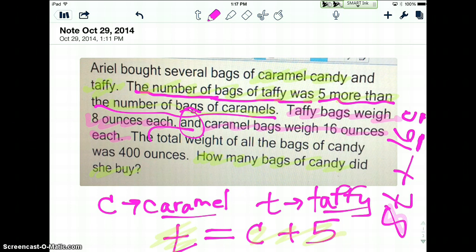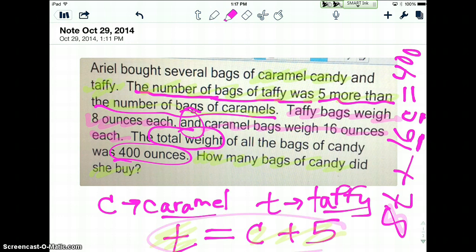And then the total weight of all of them, so if I add my taffies and my caramels together, each being 8 ounces, 16 ounces, the total was 400 ounces. So I now have my two equations, T equals C plus 5, and 8T plus 16C equals 400. And then I could solve the simultaneous equations.